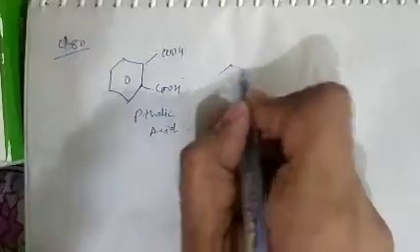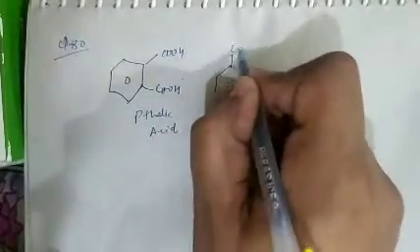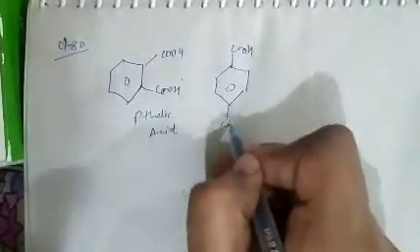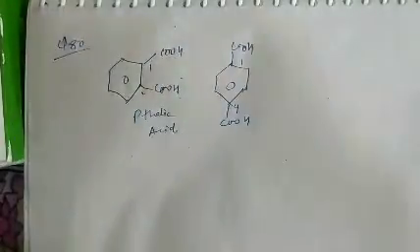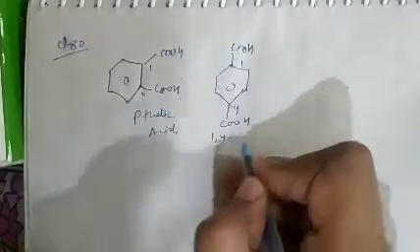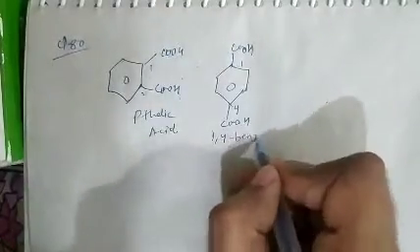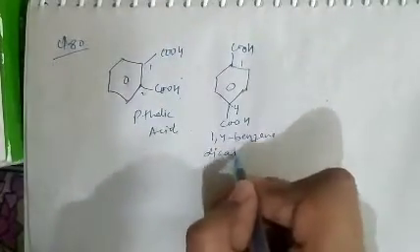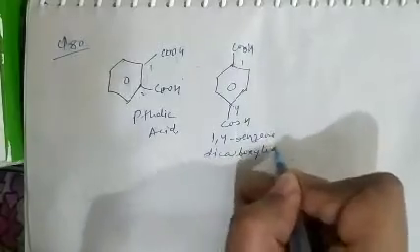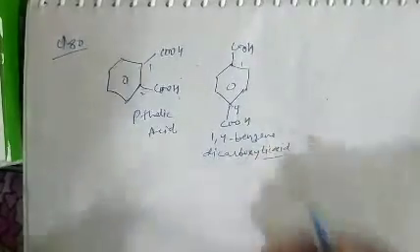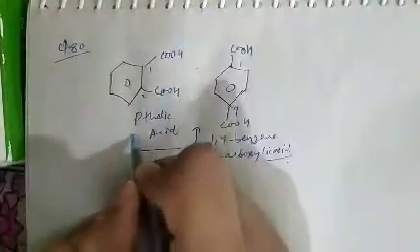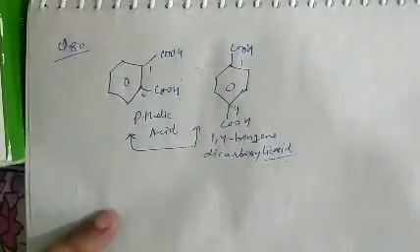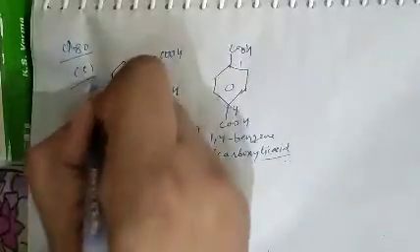This compound is called phthalic acid, and it is isomeric with the compound where the position of COOH changes to the 1,4 position. This is the 1,2 position. This is the 1,4 position. This is called 1,4 benzene dicarboxylic acid. So these two are positional isomers. So question number 80, option C is correct.